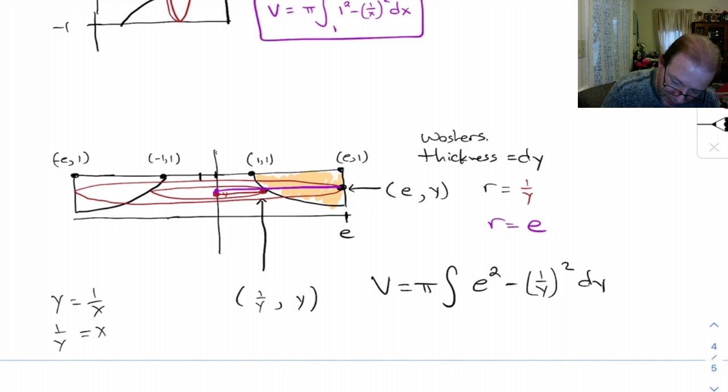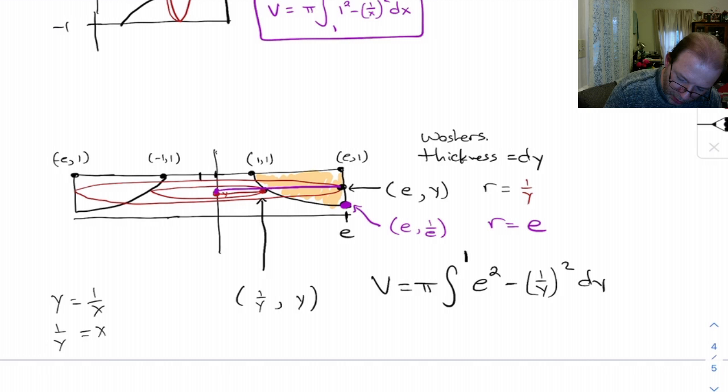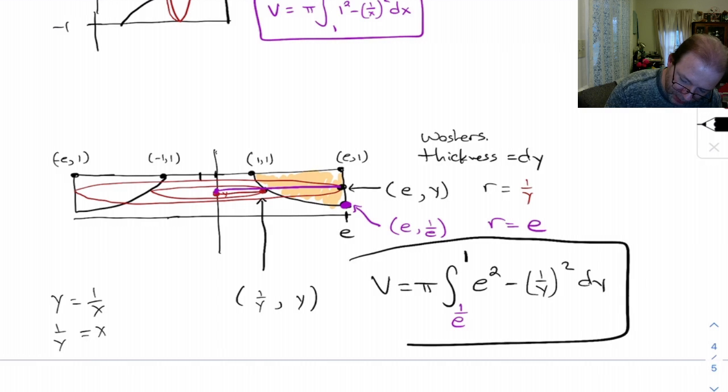So at the top, y is 1. What is it at the bottom? Well, to figure that out, we need to know the coordinates of this point. This point, its x-coordinate's e, and its y-coordinate is 1 over e. So our bottom endpoint is 1 over e. And this is our answer.